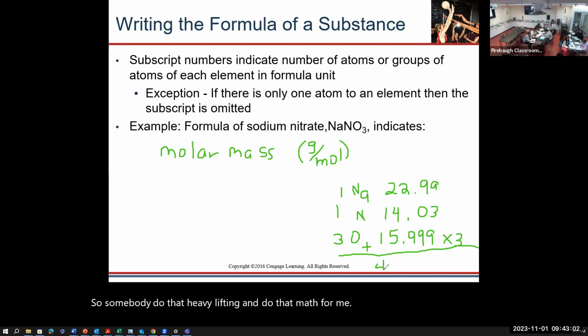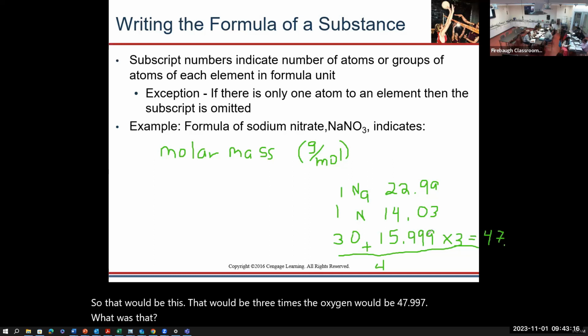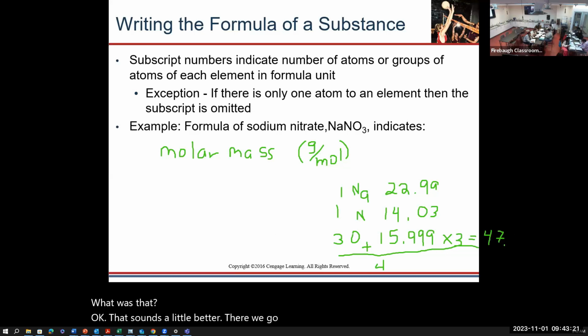So that would be 3 times the oxygen, 47.997. And the total? 85.017. Okay, that sounds a little better. So if we add it all together, you said 85.017.